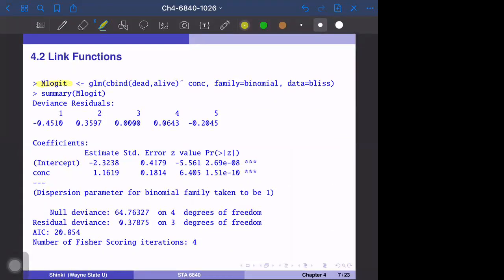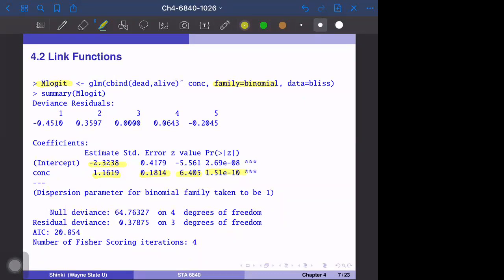So this is the baseline we have done many times. This is the logit function. And we just use the glm function to fit the data. You can see the intercept coefficient is negative 2.3. The coefficient for concentration is 1.116, standard error 0.18, and the z-value is pretty large, so it's significantly positive.